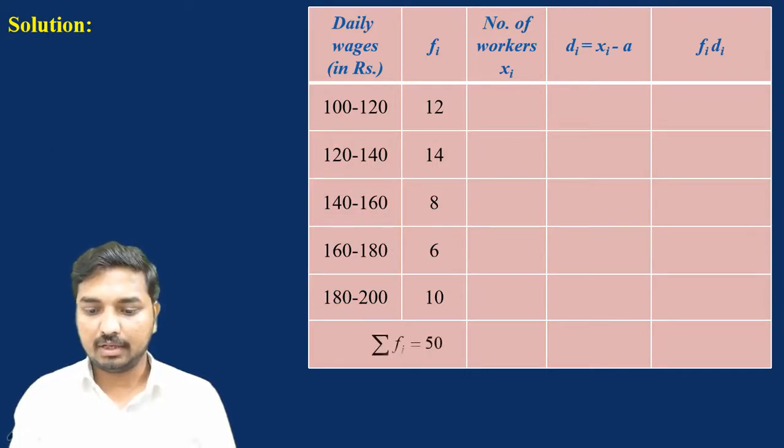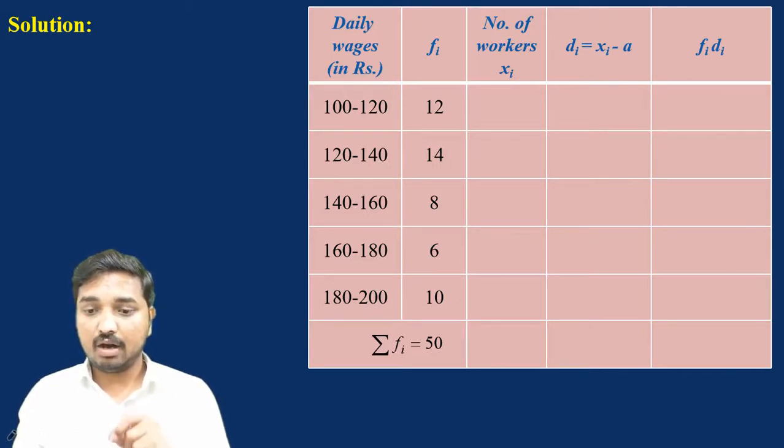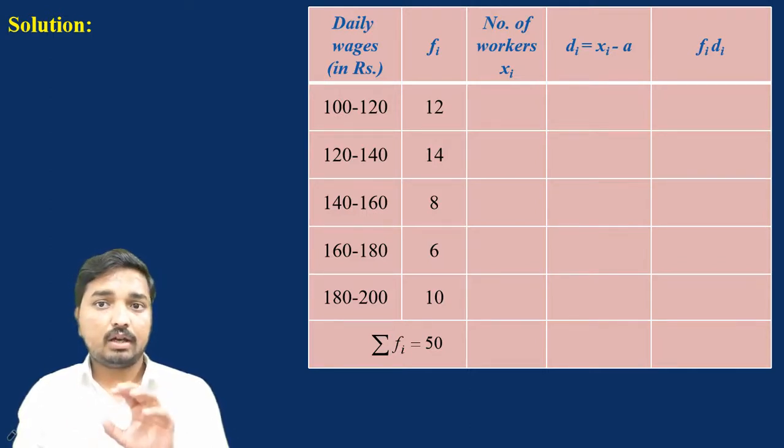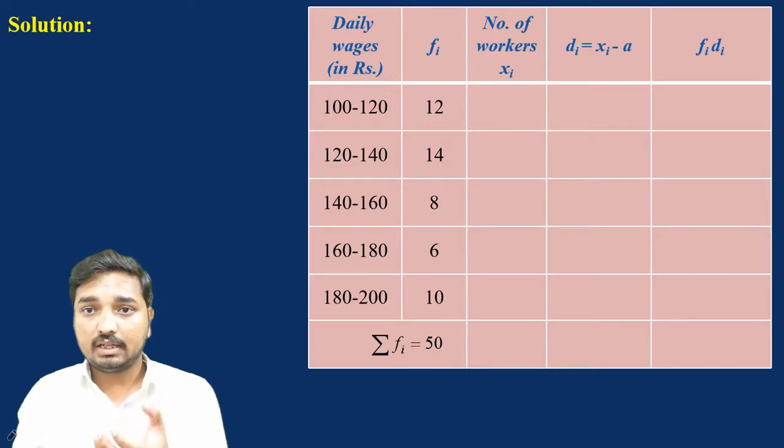Look at the table. Before that, you need to take the sum of the frequency column. The sum of the frequency column is equal to 50, because the data is of wages of 50 persons. So that's why it should be equal to 50.